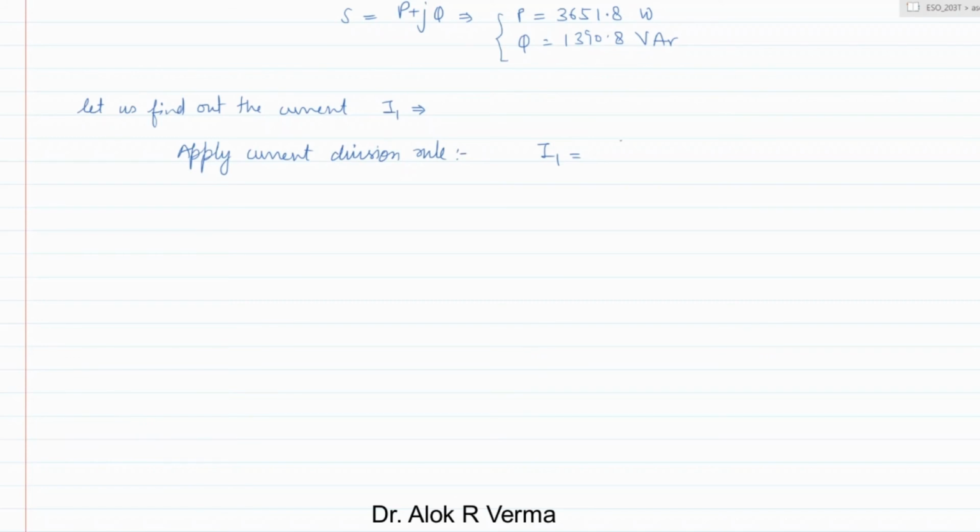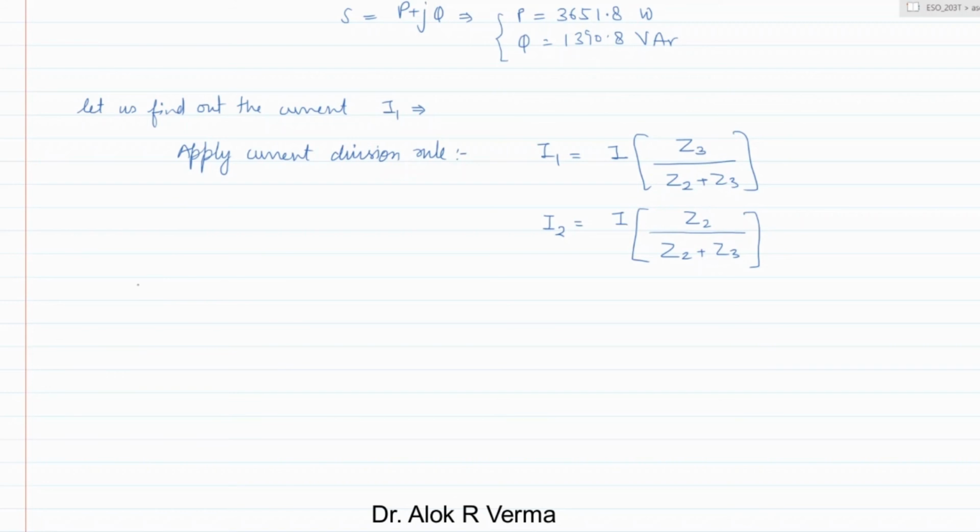I1 is nothing but the total current into the opposite branch impedance divided by the sum of the impedances. Similarly, I2 is nothing but the total current into the opposite branch, Z2, divided by Z2 plus Z3. So this is how you find I1 and I2.